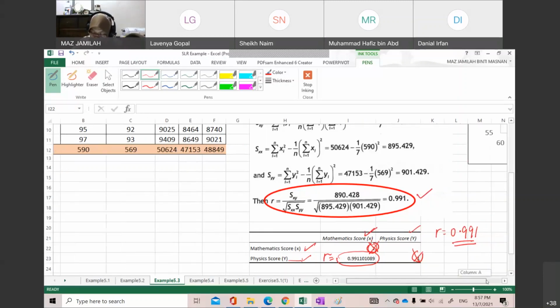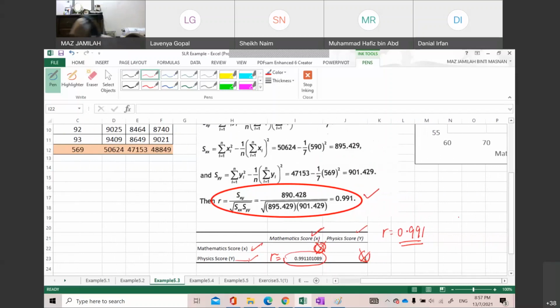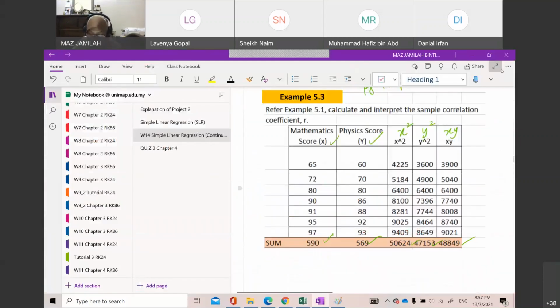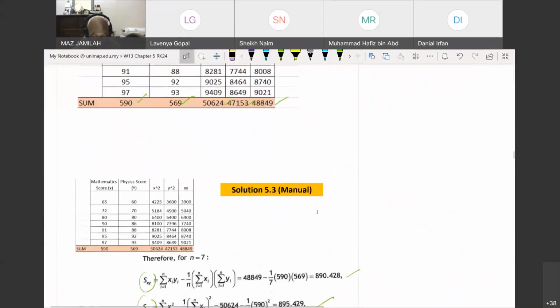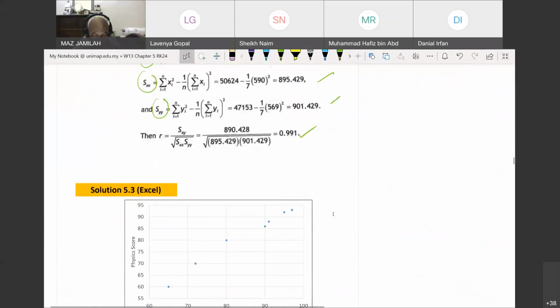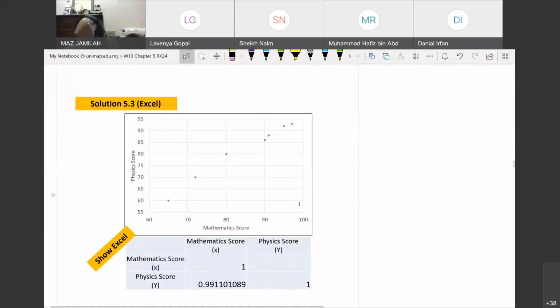Okay, so the question just now asks to calculate and interpret the sample correlation coefficient. Okay, so I think I have my answer in my note. So we have our R. How can we comment on this particular value?